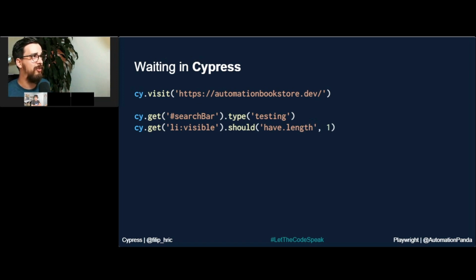If the search bar appears after the page has been loading for a couple of seconds, Cypress is automatically going to wait and re-query the element until it finds it, or until the timeout is finished, right? The default timeout in Cypress is 4 seconds.